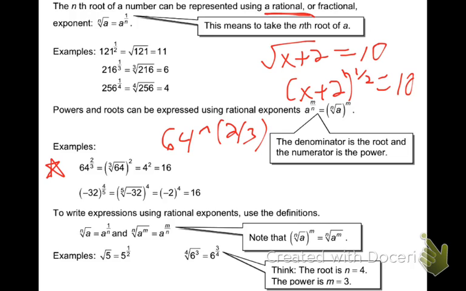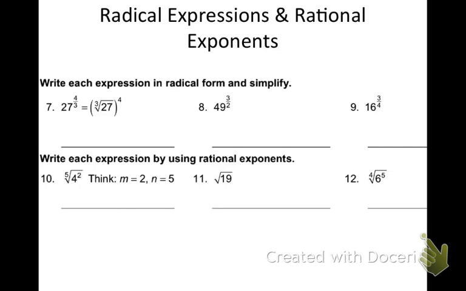All right. Then here's kind of what this looks like. So again, the nth root goes to the denominator essentially, and the exponent on the inside goes to the numerator. All right. So let's look at a couple of these here. Number 7.